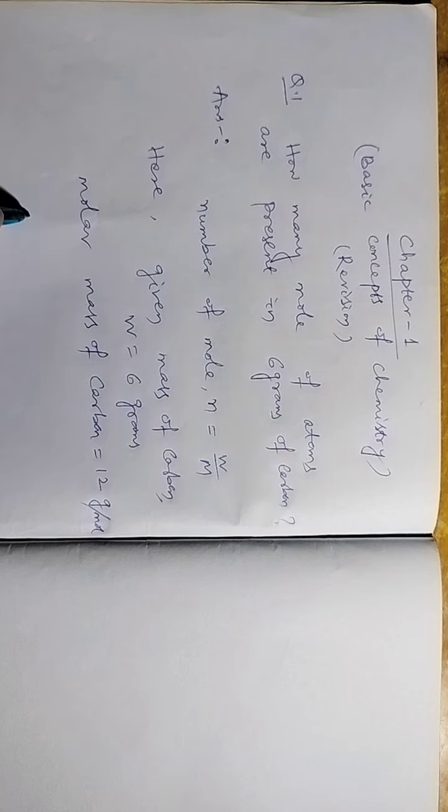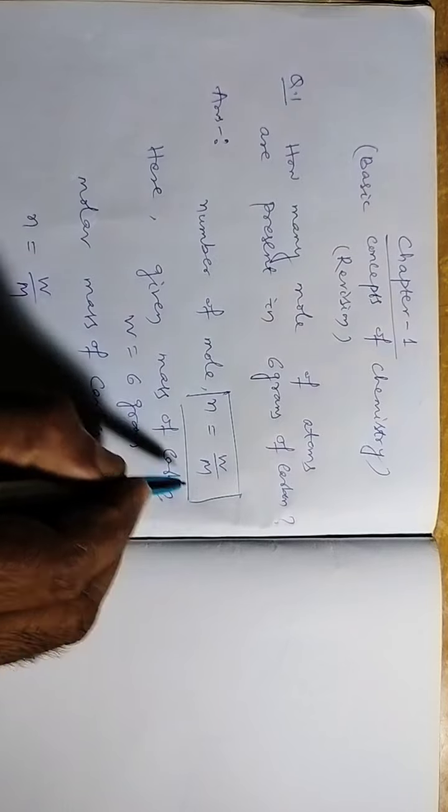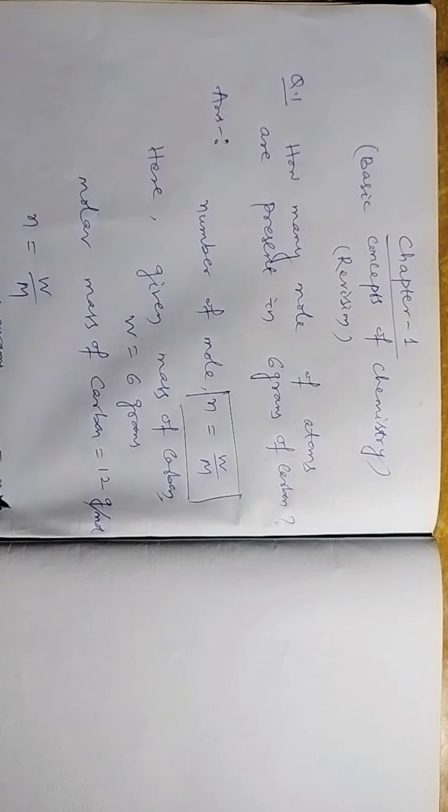Now number of moles N is equal to W by M. Using this formula, N is equal to 6 grams divided by 12 gram per mole, that is 0.5 mole.